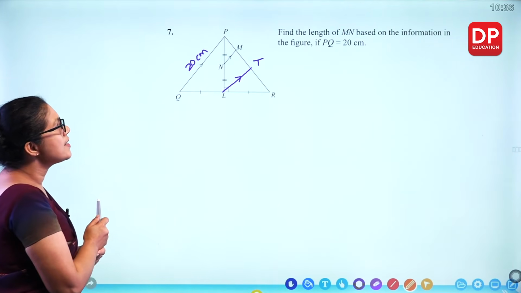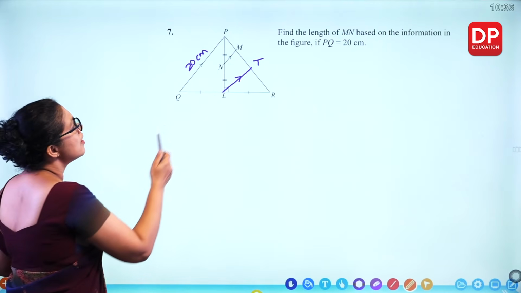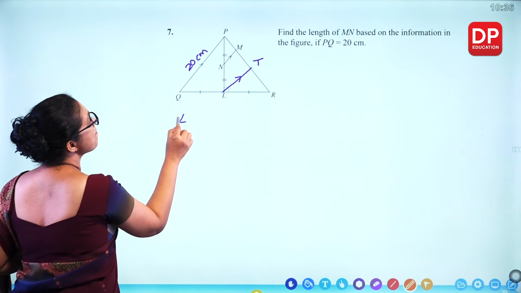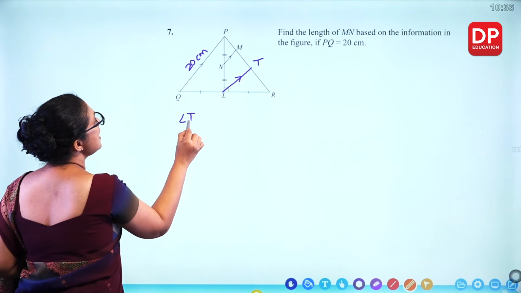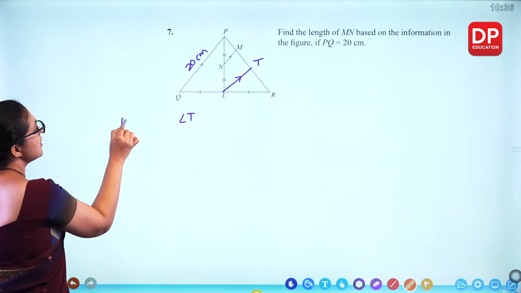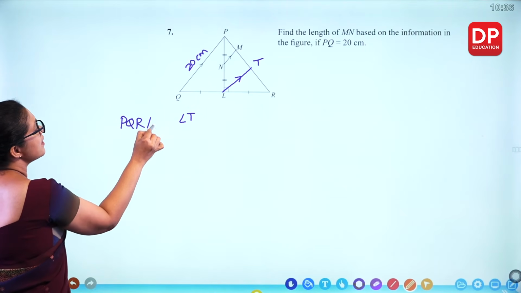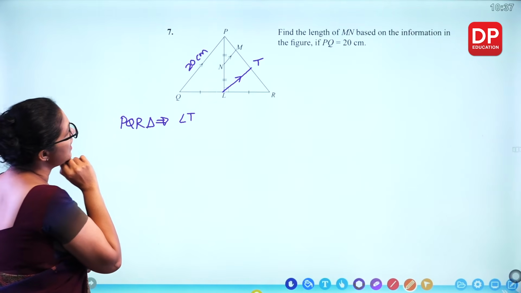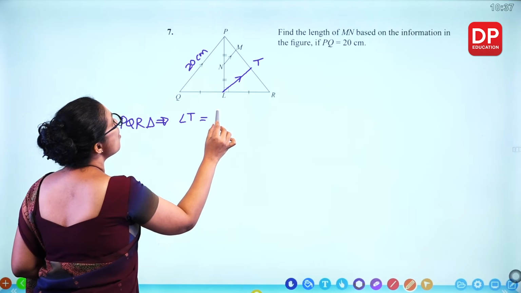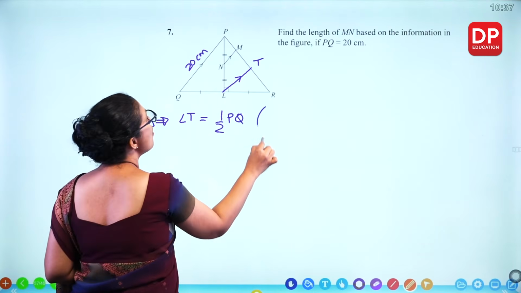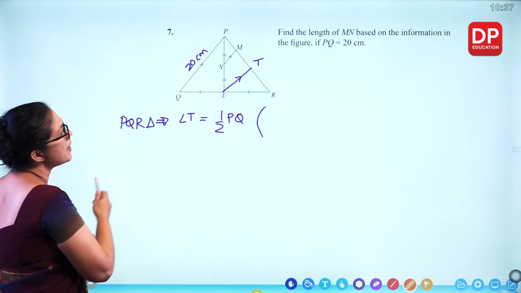Now what can we say about the LT length? We need to take the full PQR triangle. In the PQR triangle, LT is equal to half of PQ according to the midpoint theorem. Can you see?